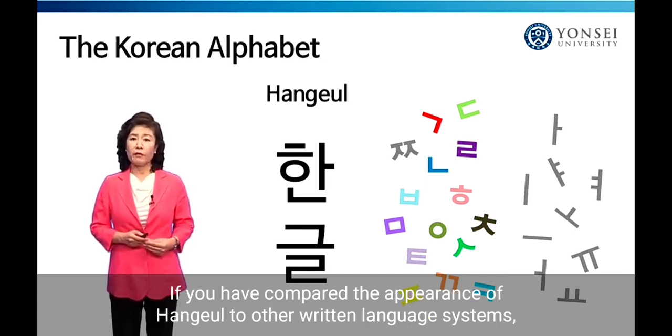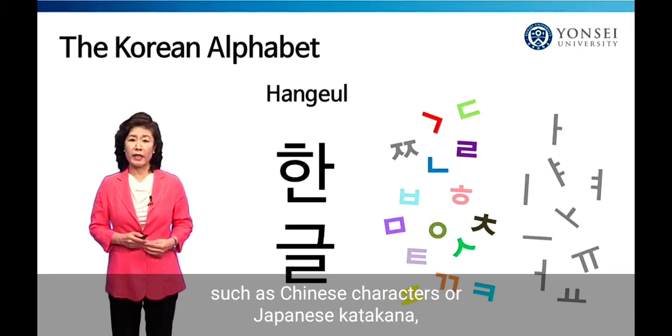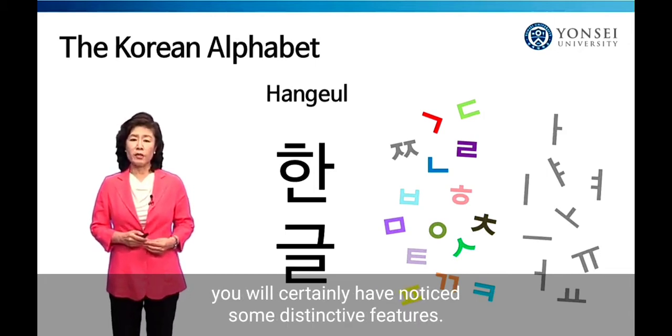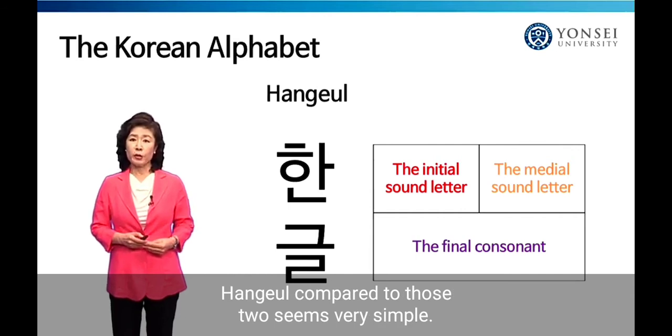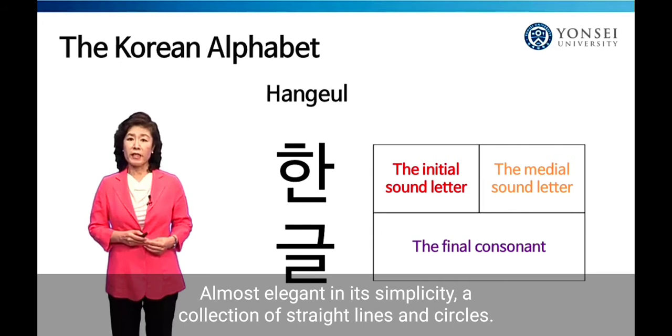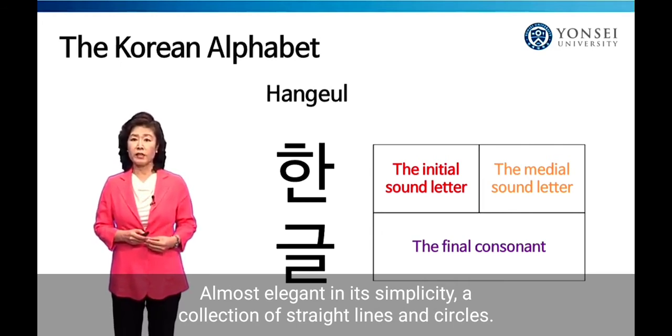If you have compared the appearance of Hangul to other written language systems, such as Chinese characters or Japanese katakana, you will certainly have noticed some distinctive features. Hangul, compared to those two, seems very simple, almost elegant in its simplicity, a collection of straight lines and circles.